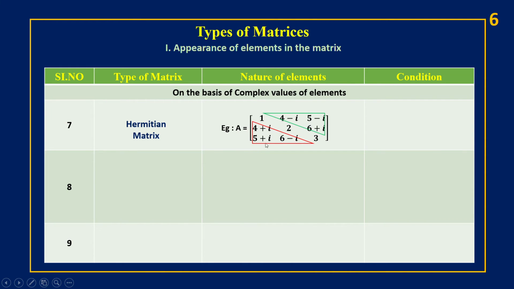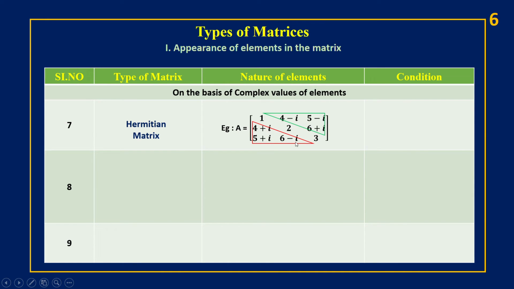The upper triangle is represented in green color and the lower triangle in red color. These are the complex values. So here 4 plus i, 5 plus i, 6 minus i. Here 4 minus i, 5 minus i, 6 plus i. 4 minus i is the conjugate of 4 plus i, 5 minus i is the conjugate of 5 plus i, and 6 plus i is the conjugate of 6 minus i.